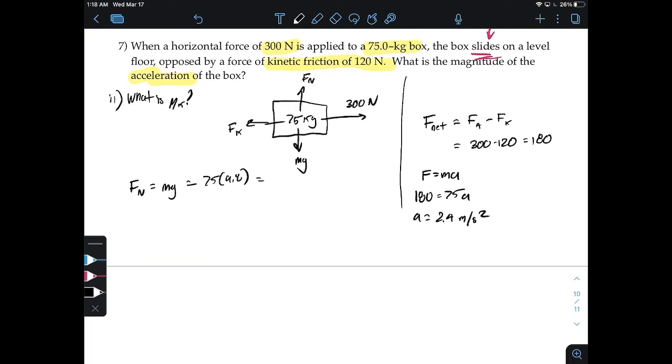So we're going to keep on going with this contact force. 75 times 9.8, that would be 735 newtons. Now we know this kinetic force is equal to mu sub k Fn. We don't know mu sub k, so we're going to rearrange this a little bit and say mu sub k is equal to F sub k over Fn.